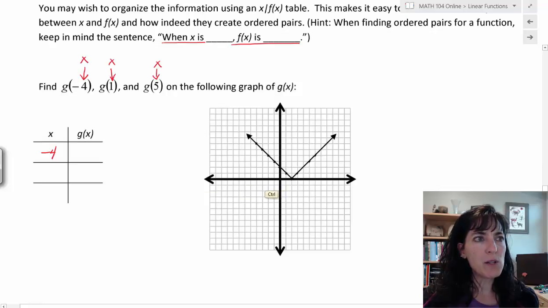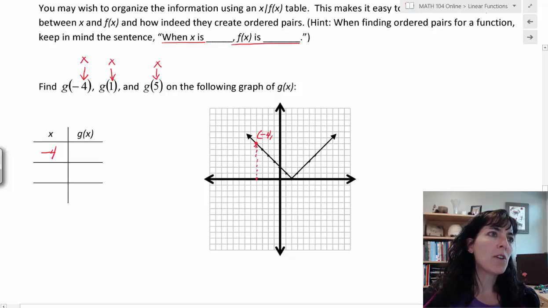So if I look for x, 1, 2, 3, 4, -4, that's right here. And then I'm going to track it up until I hit the graph, an ordered pair on the graph, and that's this one right here. And so that was 1, 2, 3, 4, 5, 6.